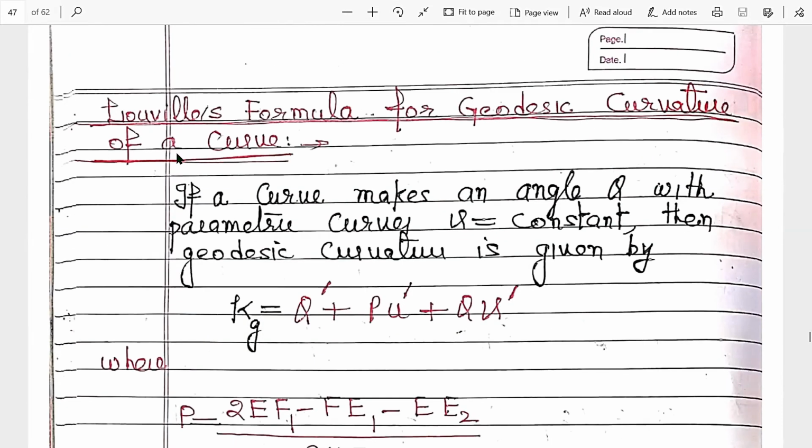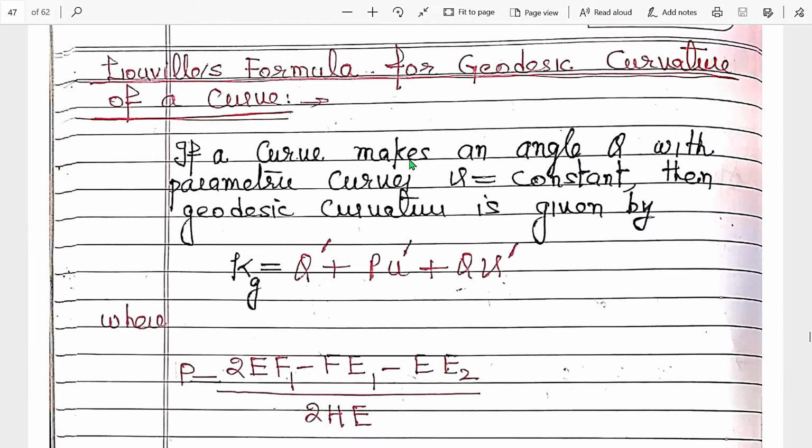Now next is Liouville's formula for the geodesic curvature of a curve. What is the formula? If a curve makes an angle theta with the parametric curve v equal to constant, we know there are two parametric curves: one is u equal to constant, the second is v equal to constant.